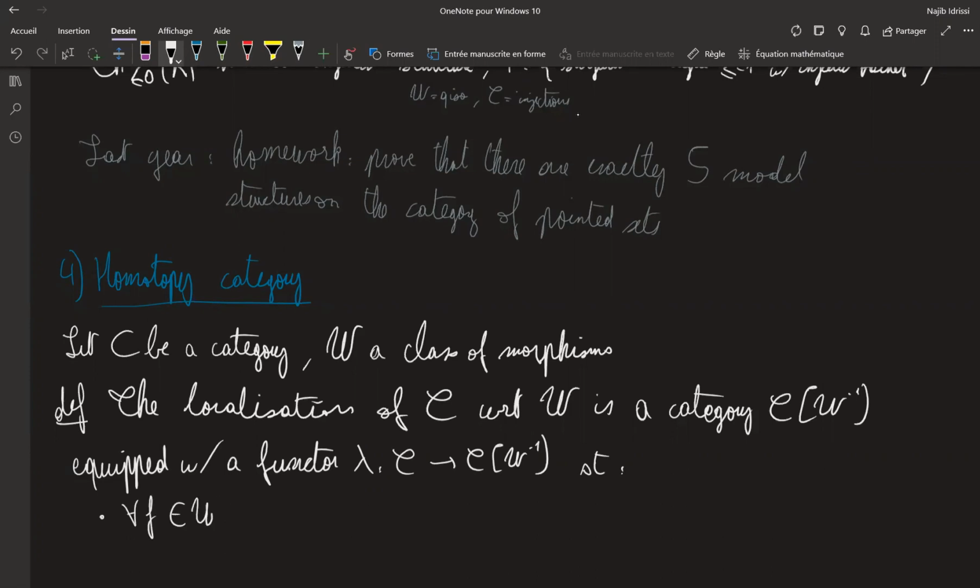First, for an f in W, lambda of f is an iso.